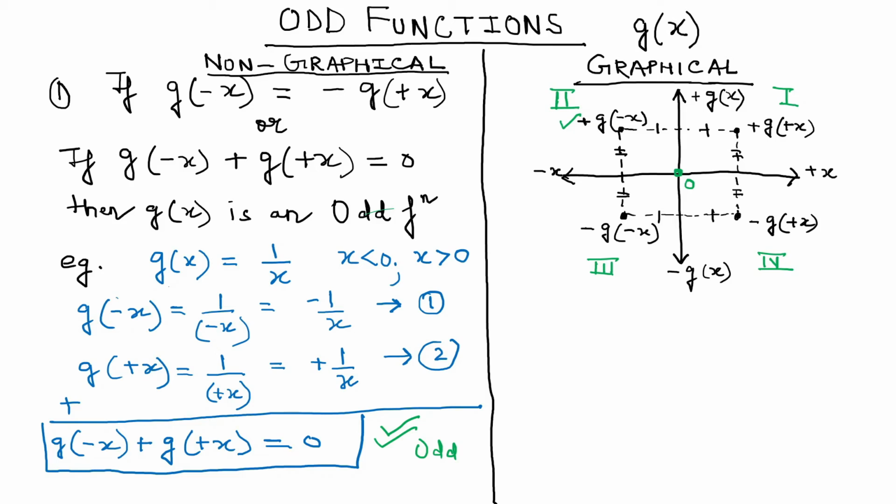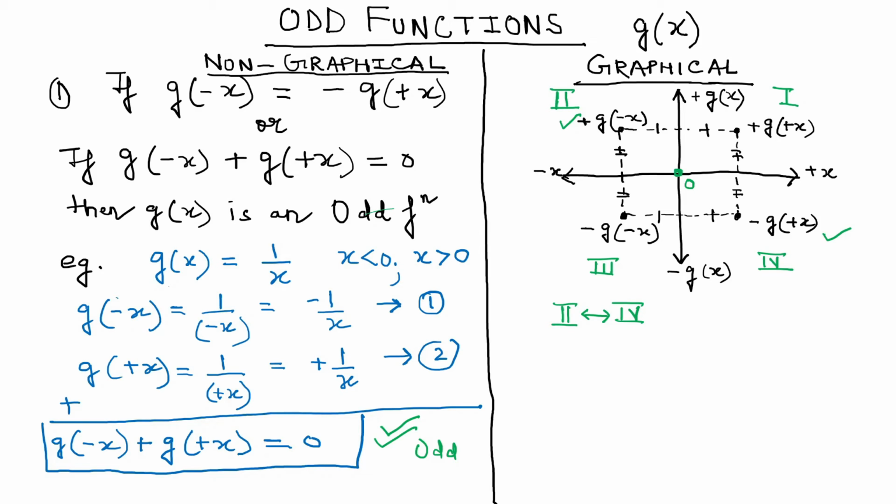Going forward, we know that if g of minus x is minus times g of plus x, what are we trying to indicate? We are trying to say that whatever is there in the second quadrant, if the same thing is there in the fourth quadrant or vice versa, then we are talking about symmetry. This double-sided arrow, which is the representative form of a line, is the sign for symmetry.